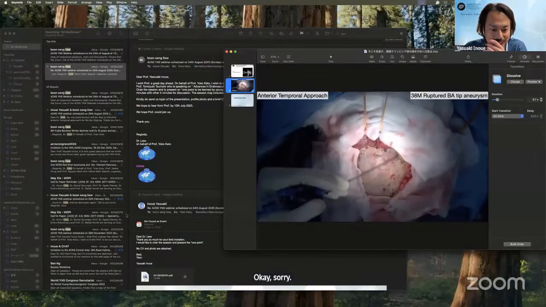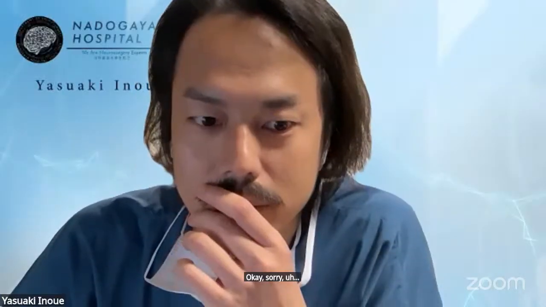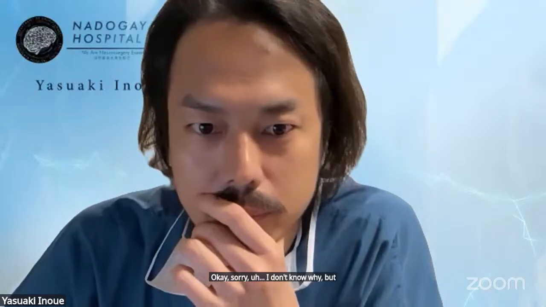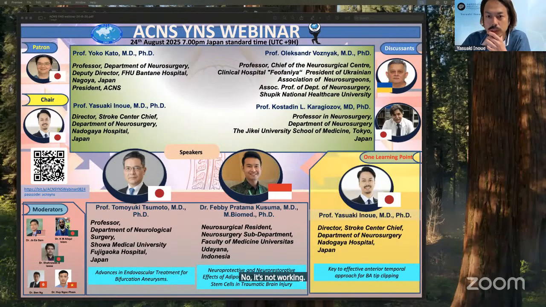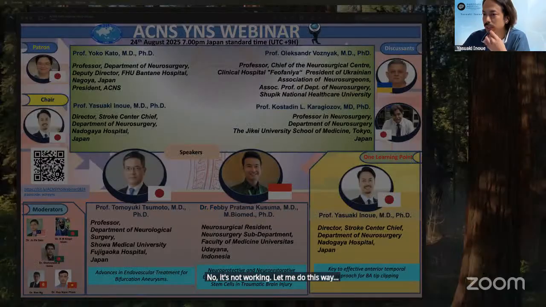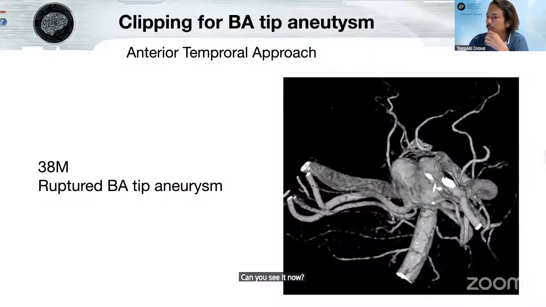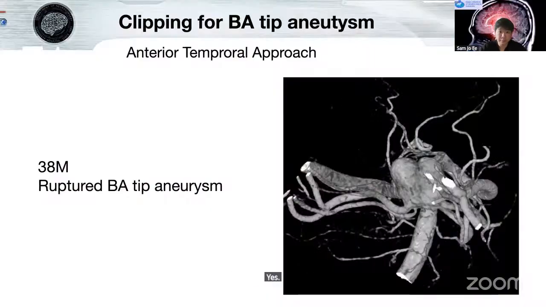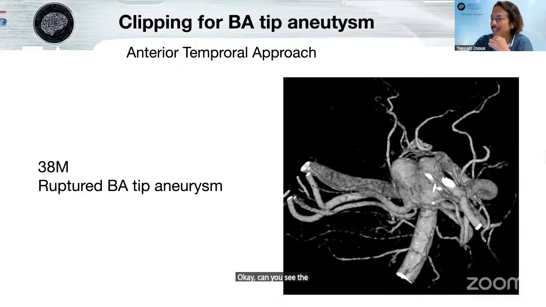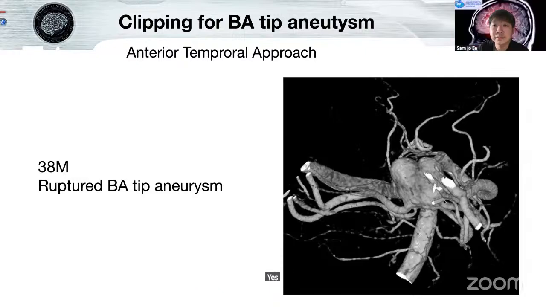I don't know why, but my Mac is not working. Let me do this way. Can you see it now? Yes, we see now. Okay, can you see the basilar tip aneurysm now? Yes, clearly seen. Okay, great.